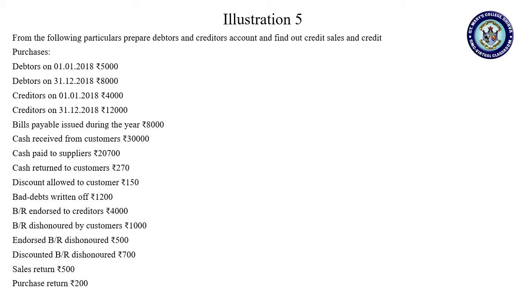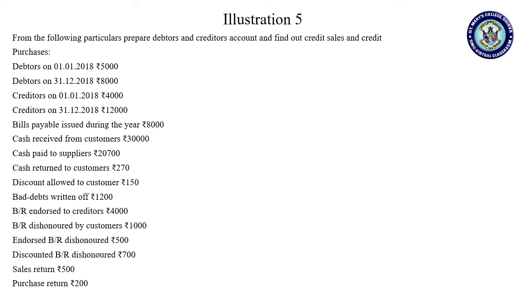Now debtor on 1/1/2018. Debtor is the asset for me, so opening balance is always the debit balance, so it is to balance brought down. Next, debtors on 31/12/2018, that is closing balance. Closing balance of asset is always a credit, so by balance carried down. Next, creditor on 1/1/2018.